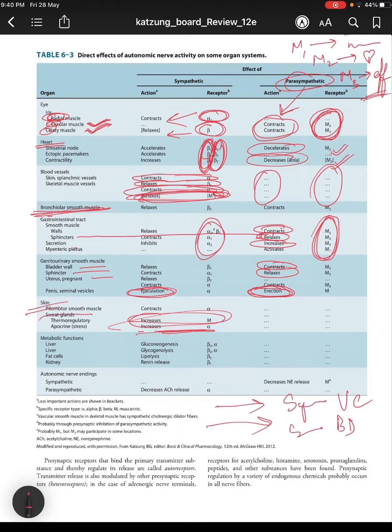Apocrine also cholinergic. Thermoregulatory is actually cholinergic, apocrine is actually noradrenergic. Next, we have metabolic functions. Okay, the alpha is increasing the lysis, so glycogenolysis and lipolysis, beta 3 in the fat cells, if you eat too much. So that's about it.